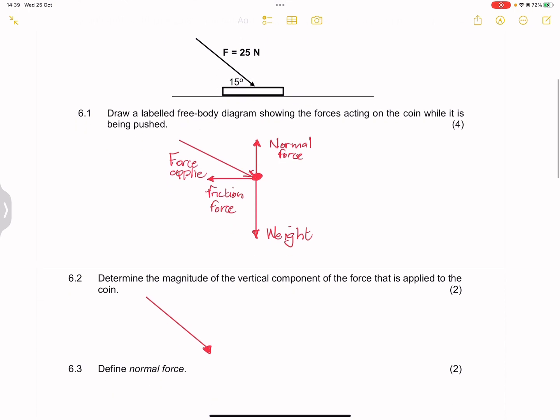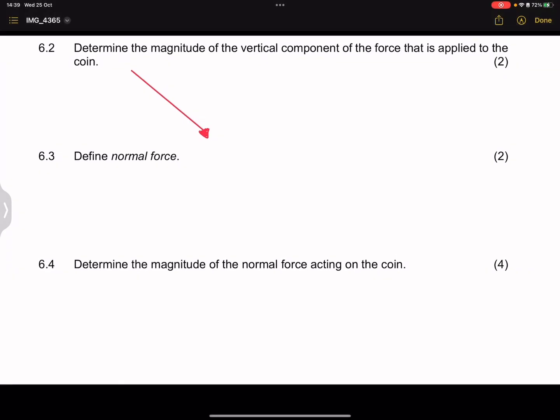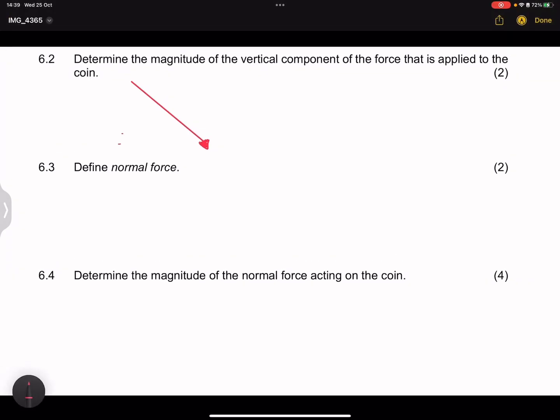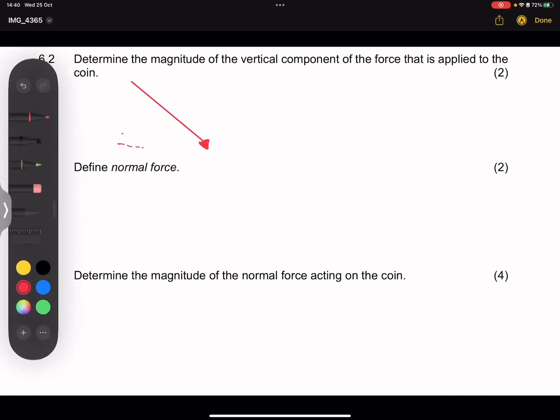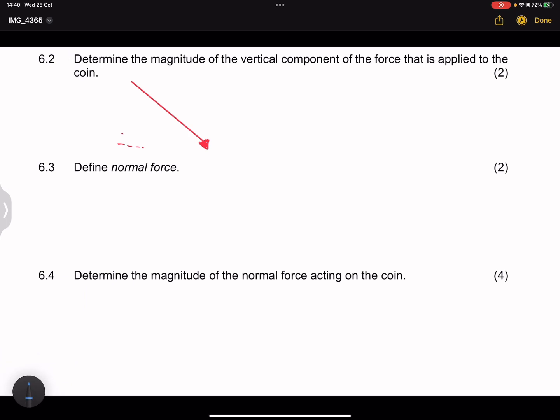There will be 2 components in this case. The first component will be the vertical component, which is going down, and the horizontal component, which is going in that direction.